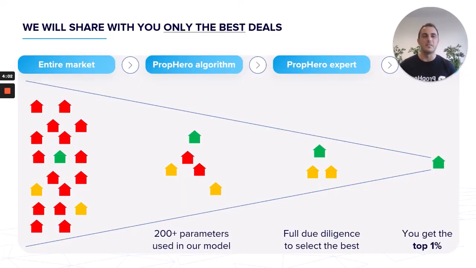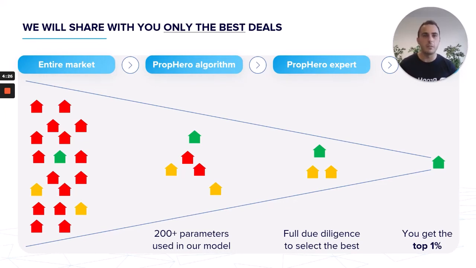Now, what do we do with it? As I was saying, we track the entire market all the time. And in the entire market, you've got many bad or average or just good properties, and just a tiny minority of truly excellent ones. So we scan the entire market. We apply our PropHero algorithm. And then what happens is that we don't share these properties with you straight away.